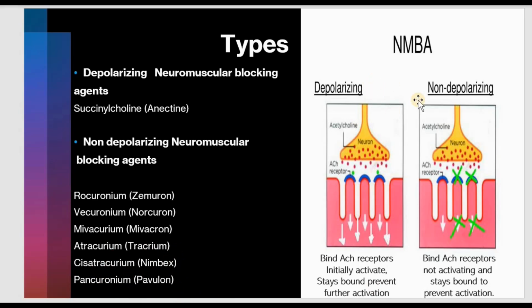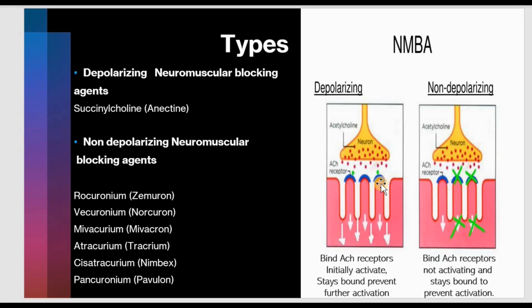Now the mechanism of action. In depolarizing neuromuscular blocking agents, the IV paralytic binds to the receptors, and initially it activates the muscle, so it causes initial muscle contraction. But the IV paralytic stays bound to these receptors, so acetylcholine cannot come and attach.